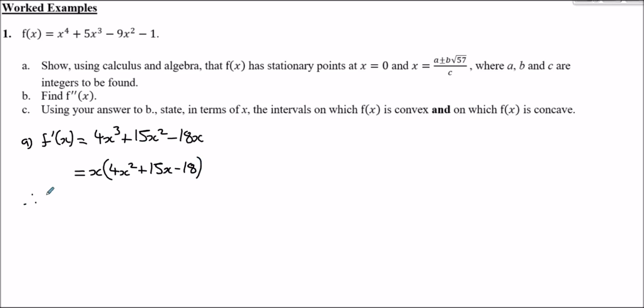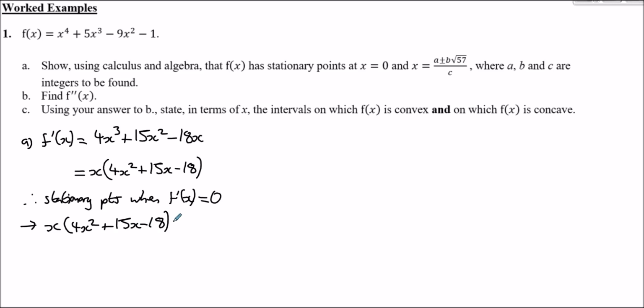So therefore we can say there's going to be stationary points when f dashed x equals 0. So essentially that just means we can set x brackets 4x squared plus 15x minus 18 to be equal to 0.